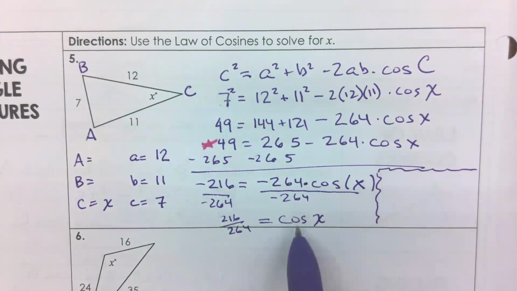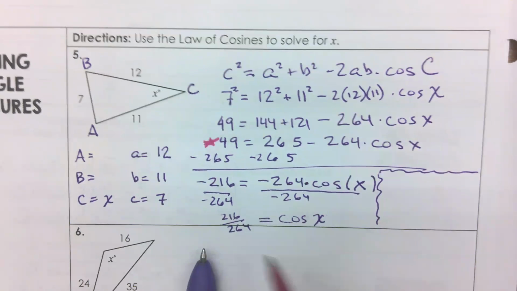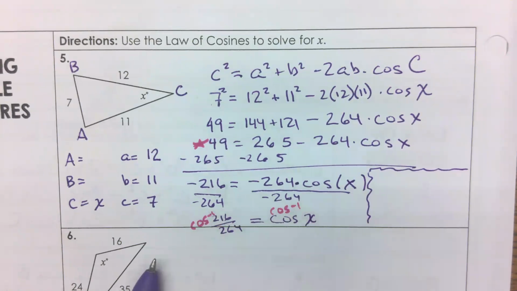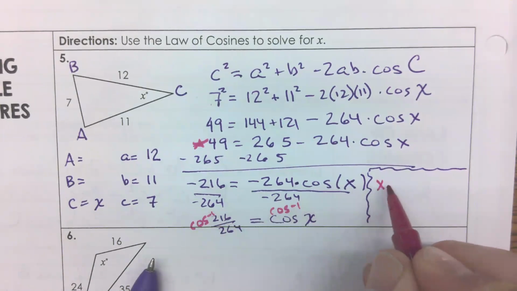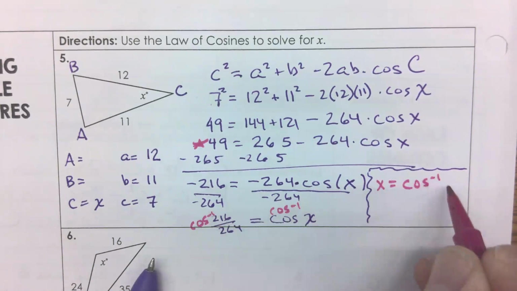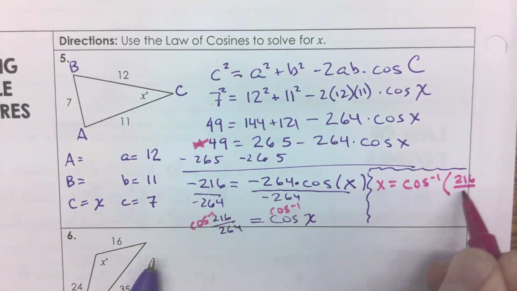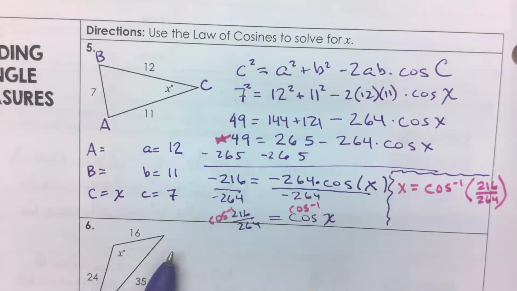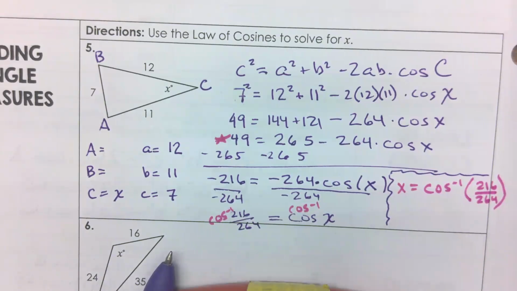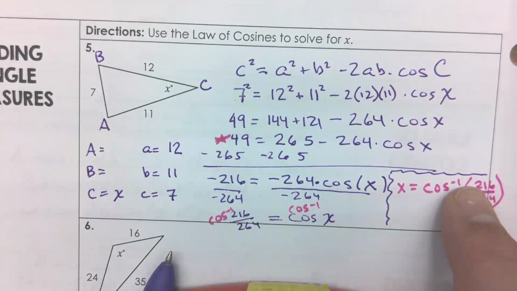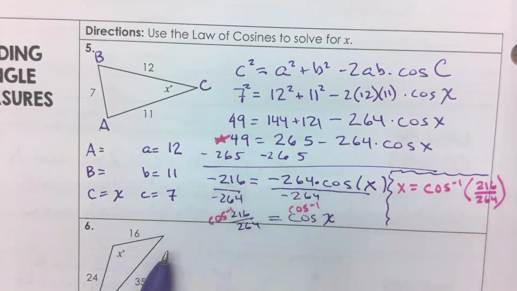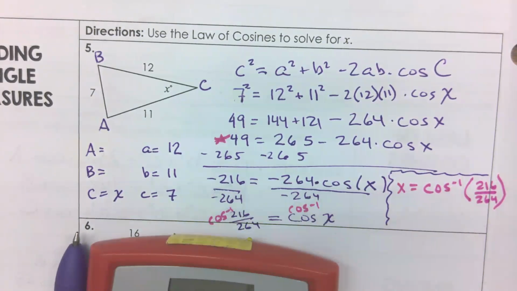We're going to undo the cosine part. If we do that to both sides, inverse cosine or arc cosine, what we're left with is x equals the inverse cosine of 216 over 264. Try that in your calculator, see what you get. Why is it not negative? It was negative on top and negative on the bottom. So negative divided by negative is a positive. But you can leave it negative over negative.